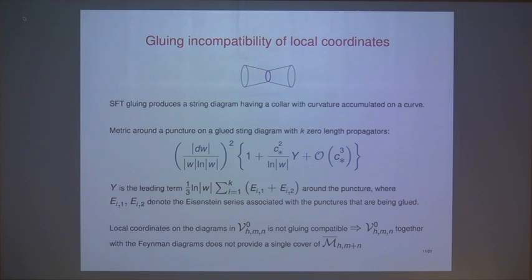Unfortunately, when I glue two hyperbolic diagrams using string field theory, it introduces a collar on the string diagram that has some accumulation of curvature on a specific curve on the collar.